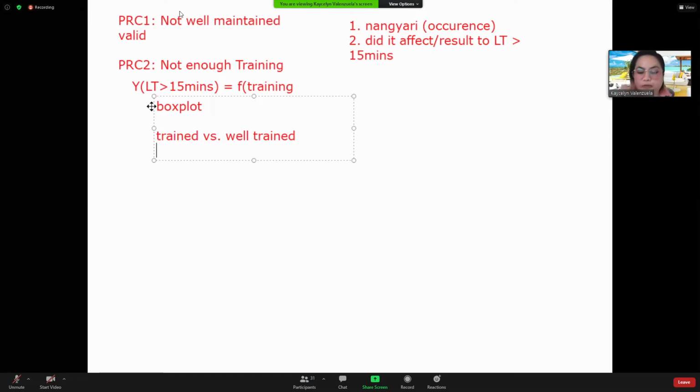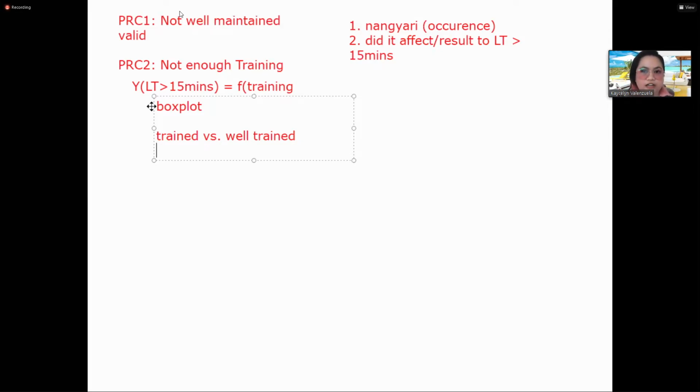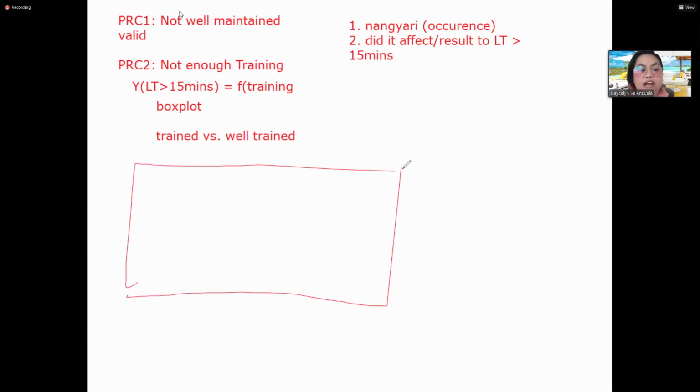Later you will probably see how a matrix looks like in our improve phase. So if I will draw it, you want to prove that the employee doesn't have enough training.